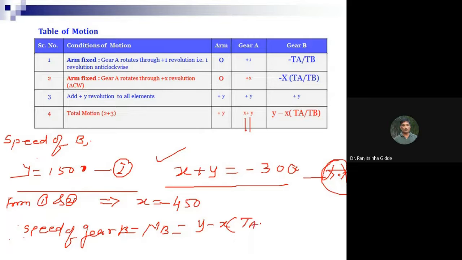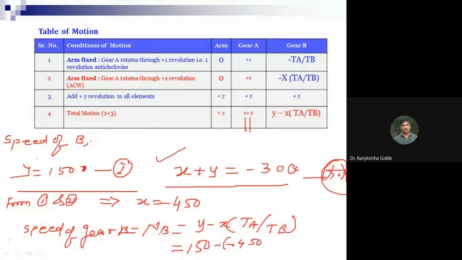TA upon TB. Okay. So value of y is equal to 150, minus, inside the bracket, minus 450.